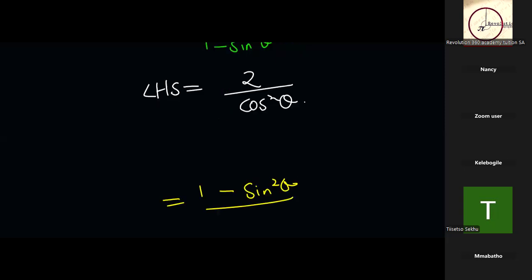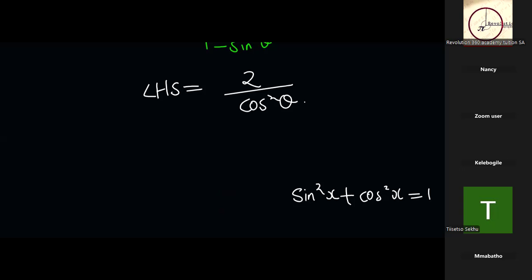I showed you yesterday that if you're having sin squared x plus cos squared x is equal to 1, I said, what is the name of this identity, if you still remember? We call it the square identity.